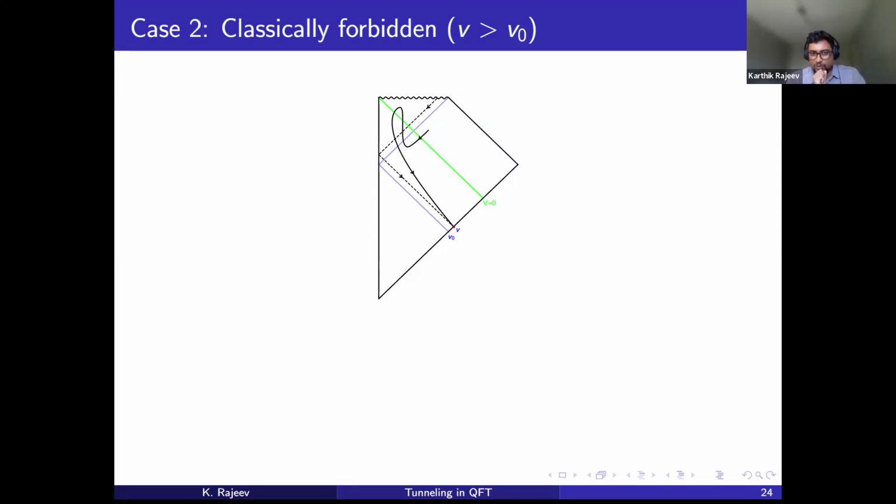Now, what would be the semi-classical solution? What is the semi-classical solution that is relevant here? It turns out that the semi-classical solution, which in the Schwinger case was, by the way, a complex worldline, which also was, as I was describing, a proxy for all these space-like worldlines describing tunneling.